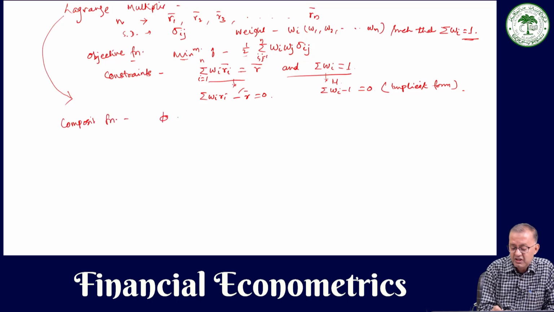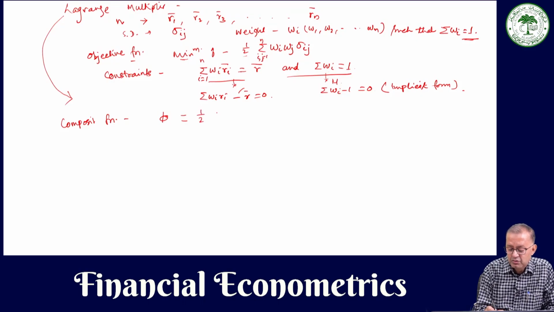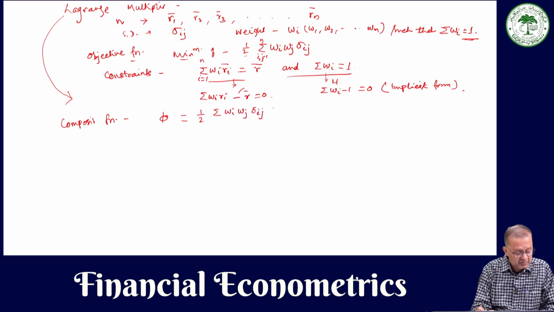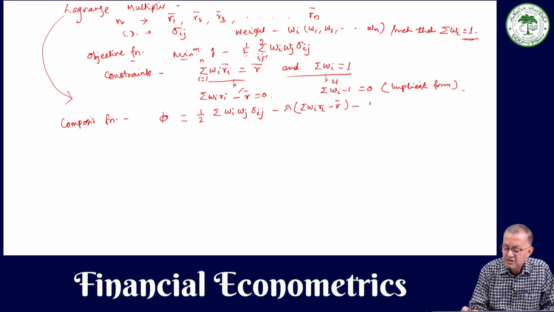The composite function is phi, equal to 1 by 2 sigma Wi Wj sigma ij, minus lambda times sigma Wi Ri minus R bar, minus mu times sigma Wi, i equal to 1 to n, minus 1.